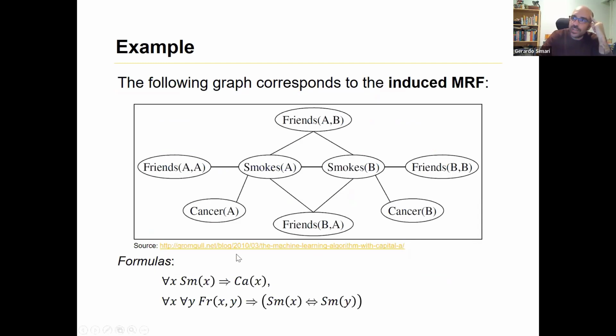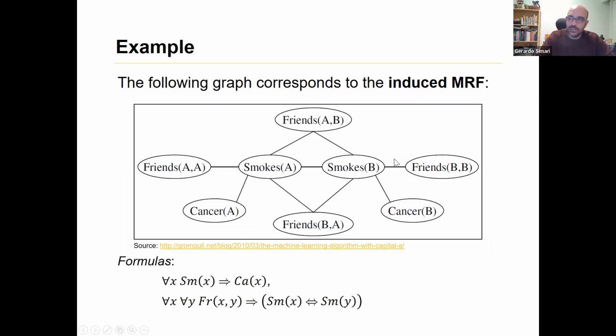So this is what's going to happen if I ground out the formulas. This even has some obvious or redundant nodes, like people being friends with themselves.